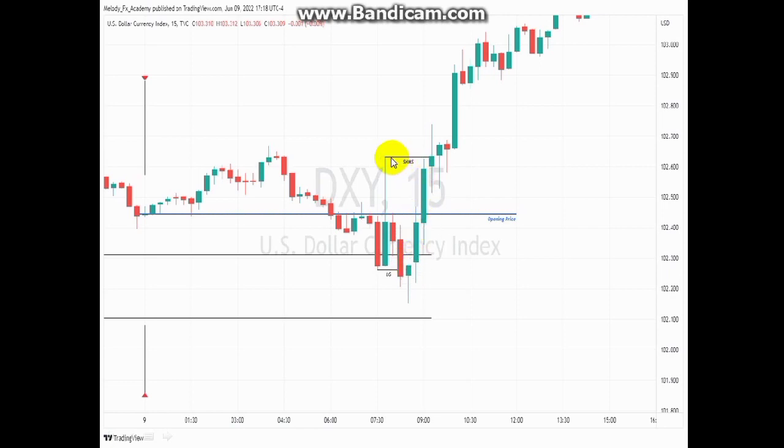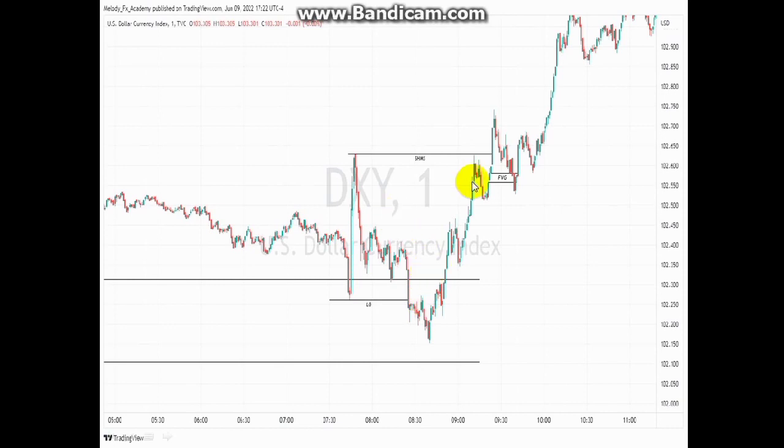So until we have price indicating that structure has changed to being bullish, any move in between this short-term high and this short-term low is viewed as a retracement. In other words, until price took out this old short-term high, all this I viewed as a retracement. So I was not interested in all this.